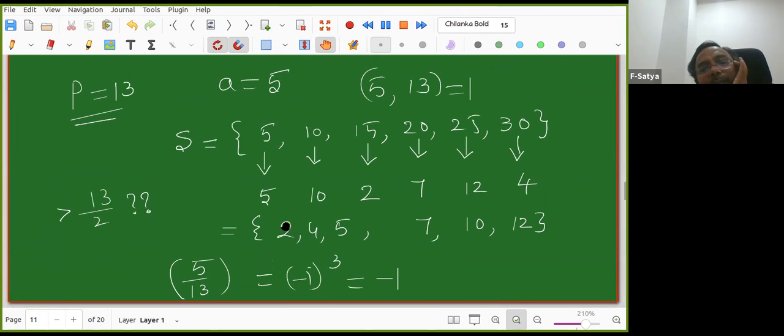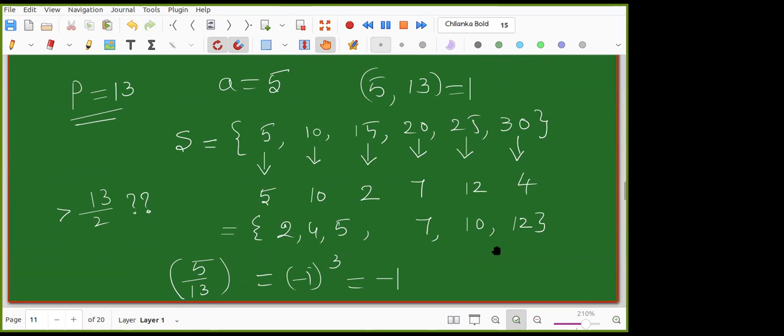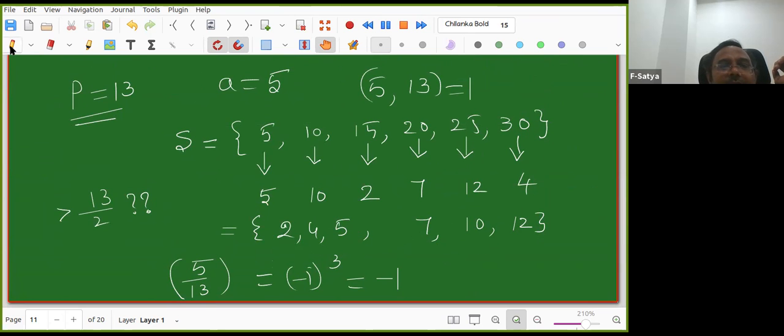These are less than 13 by 2, and these are greater than 13 by 2. So subtract these from 13. What is 13 minus 7? 6. 13 minus 10? 3. 13 minus 12? 1. See the beauty. What is it that happened?